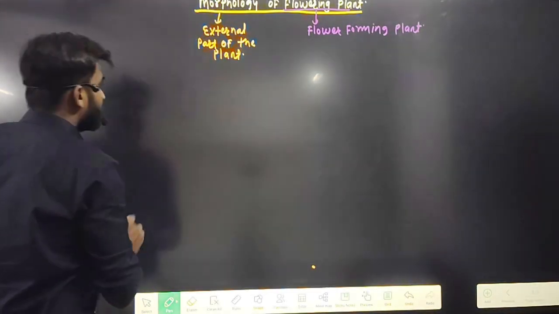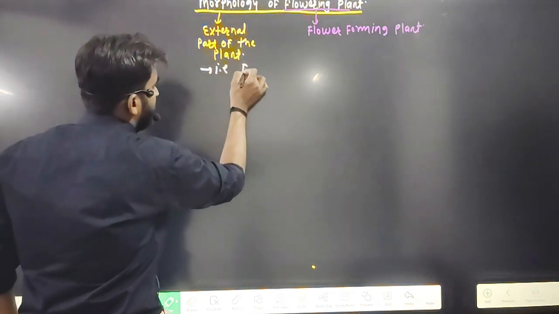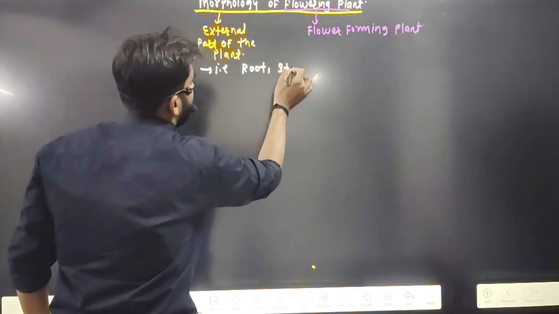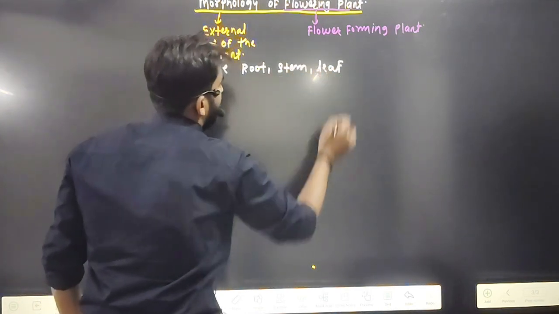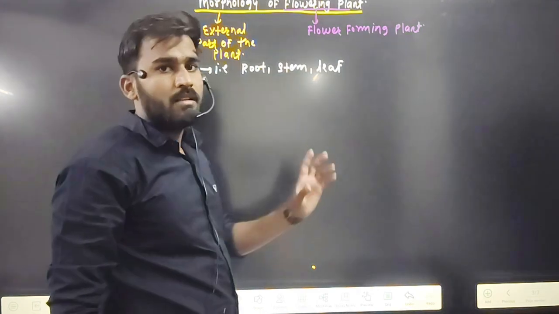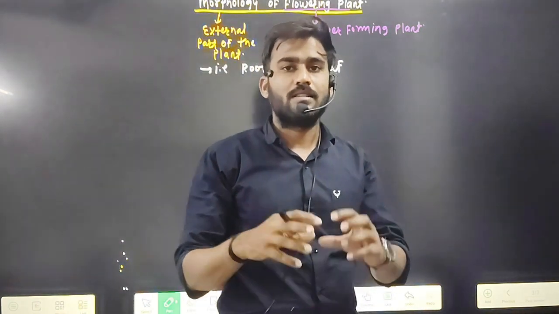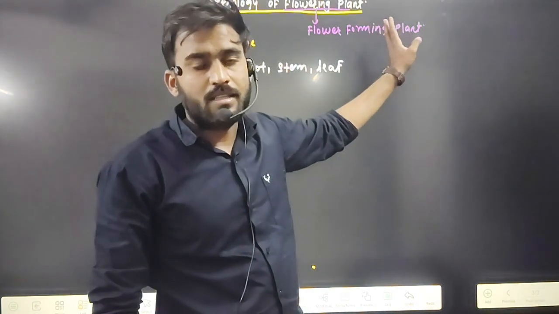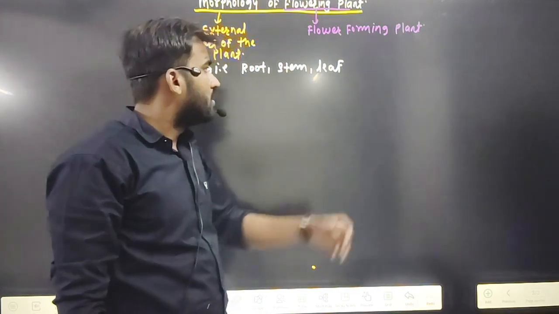The external is nothing but root, stem, leaf. After the maturation, the plant forms the flower and the fruits. These are also part of the morphology. These are part of the external. Okay, we will discuss it after some time.